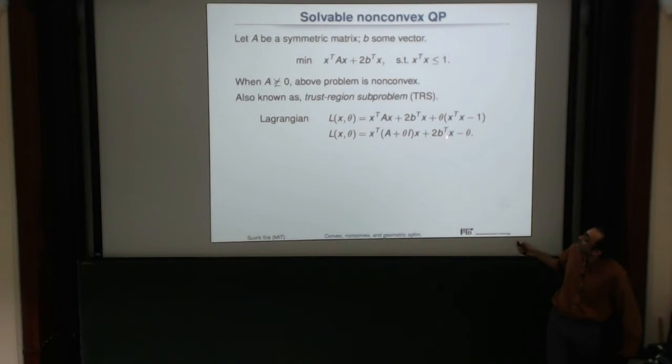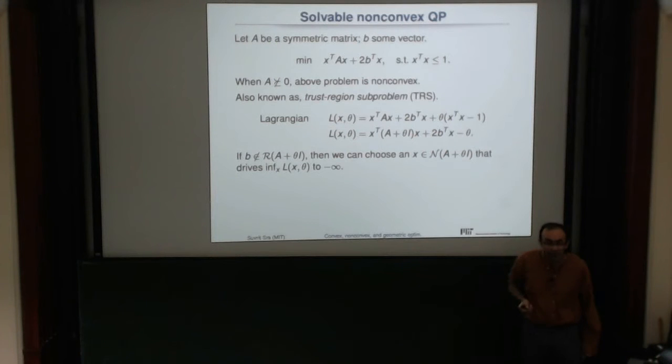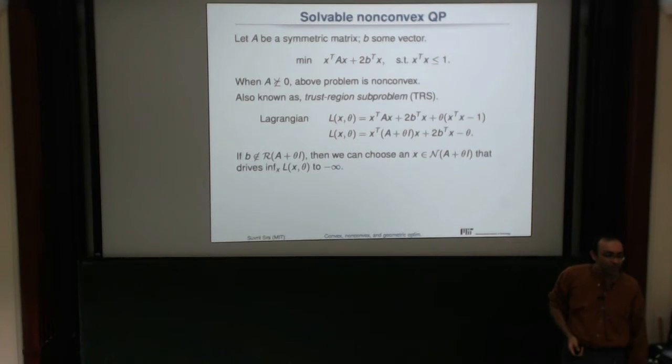So this is the Lagrangian. I minimize the Lagrangian over x to obtain the dual cost function, which will be a function of theta. So you minimize it, and what do you notice? Well, if b doesn't belong to the range space of this matrix, then you can pick a suitable x in the null space to drive this thing down to minus infinity.